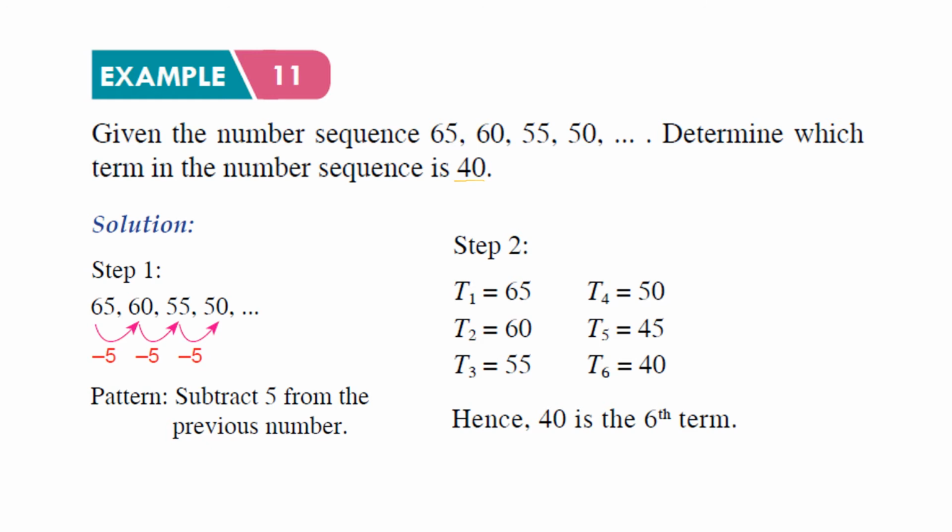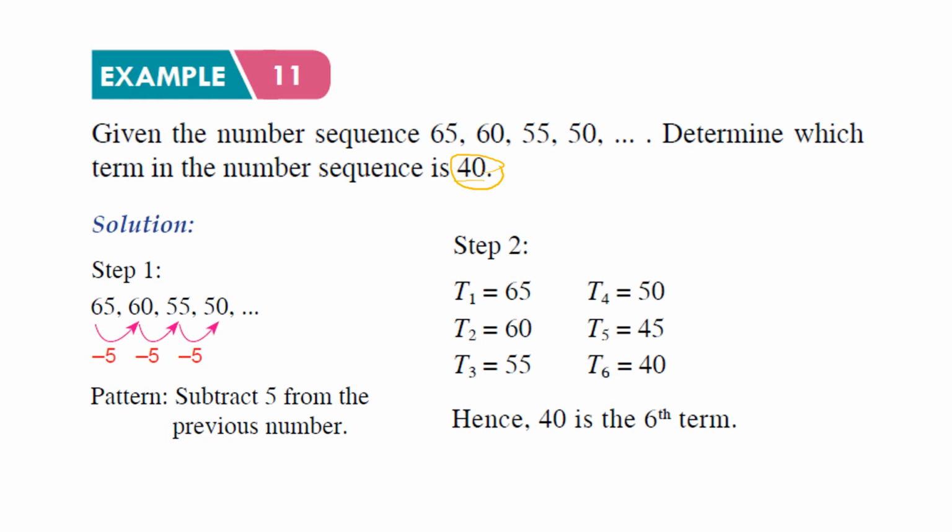If we look at these numbers, there is no 40 here. It only has 65, 60, 55, and 50. So we need to continue this number sequence until we find 40.